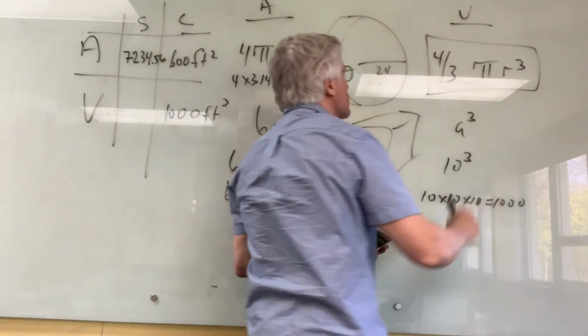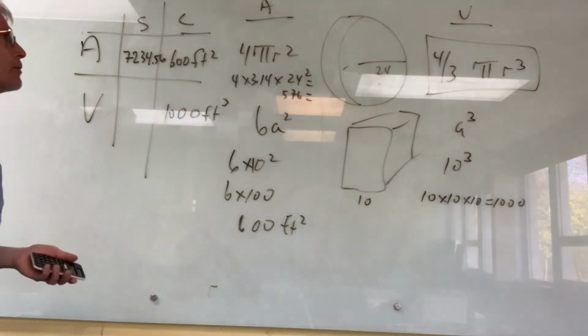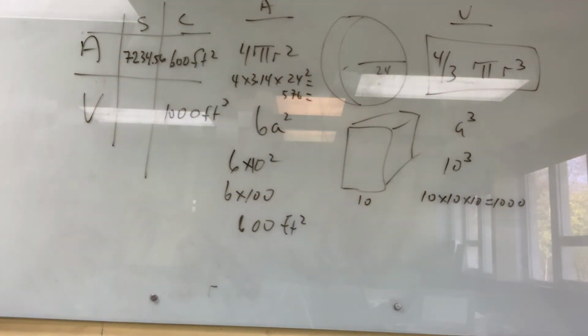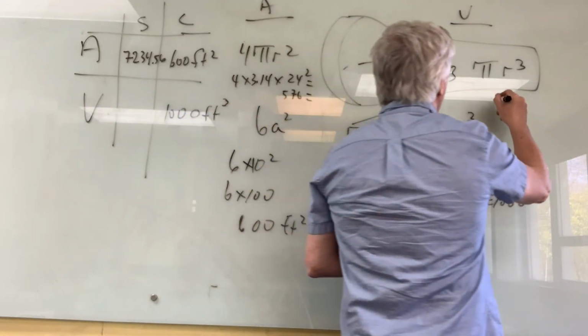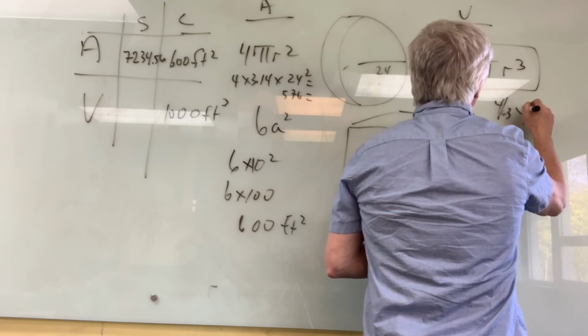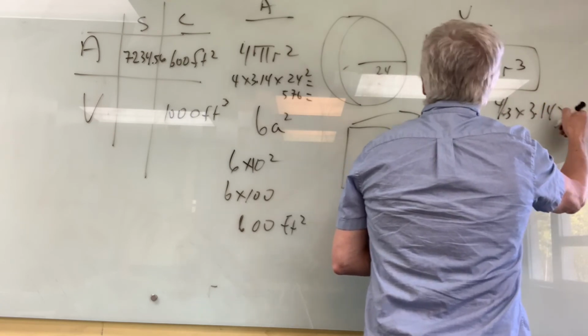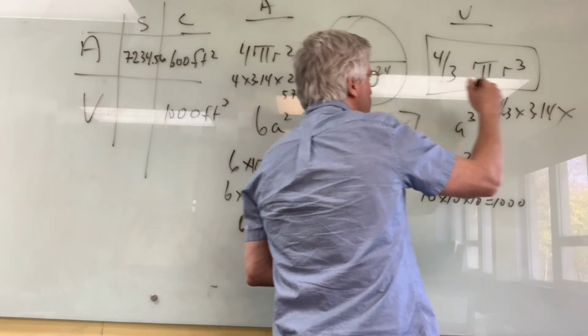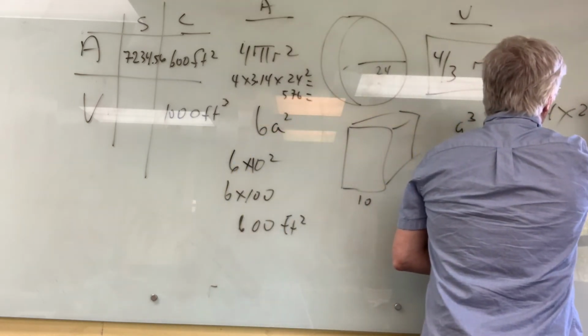And then the last one is another to find the volume. 4/3 times pi times the radius cubed. So again, with this one here, 4/3, or 1 1/3, times 3.14 times the radius, which remember was 24, to the power of 3.